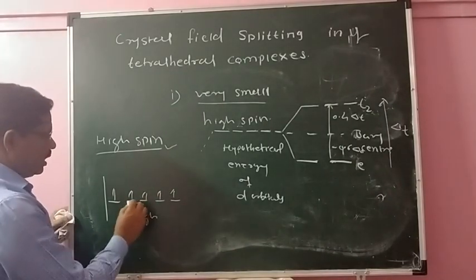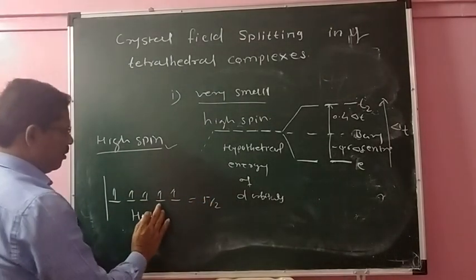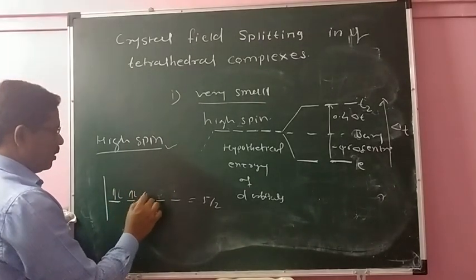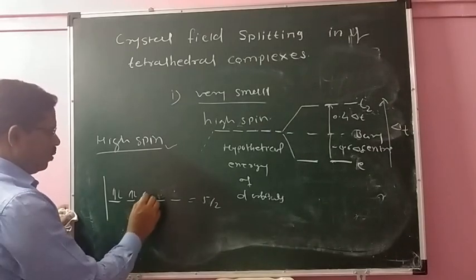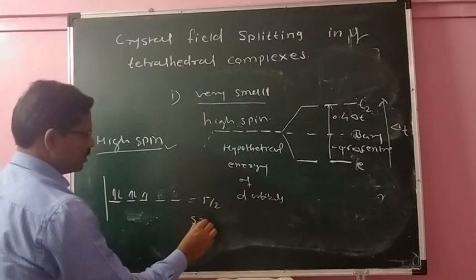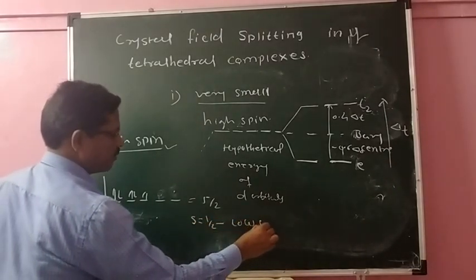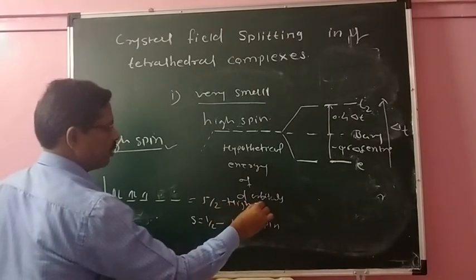If this is high spin, the total spin is 5/2. But if two electrons are paired to the first and second electron, then the total spin is S equal to 1, and this is known as the low spin complex. This is low spin, and this is the high spin complex.